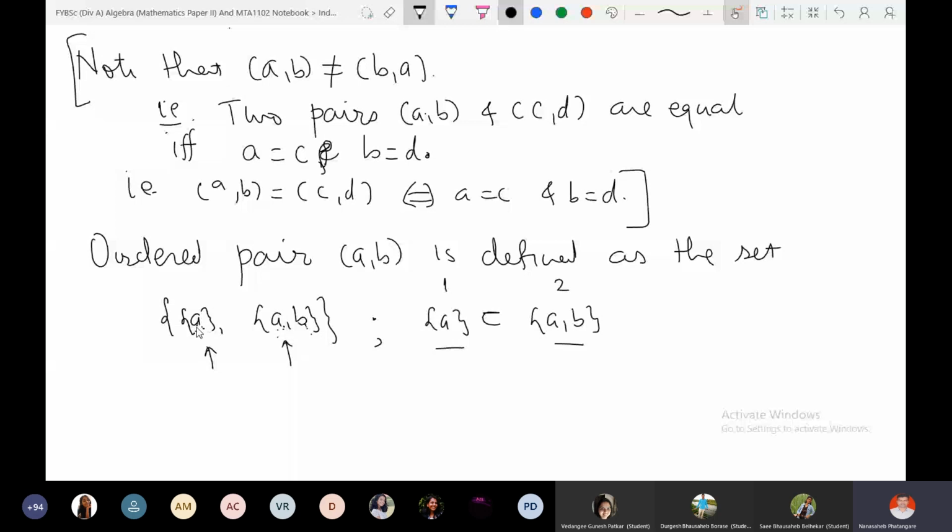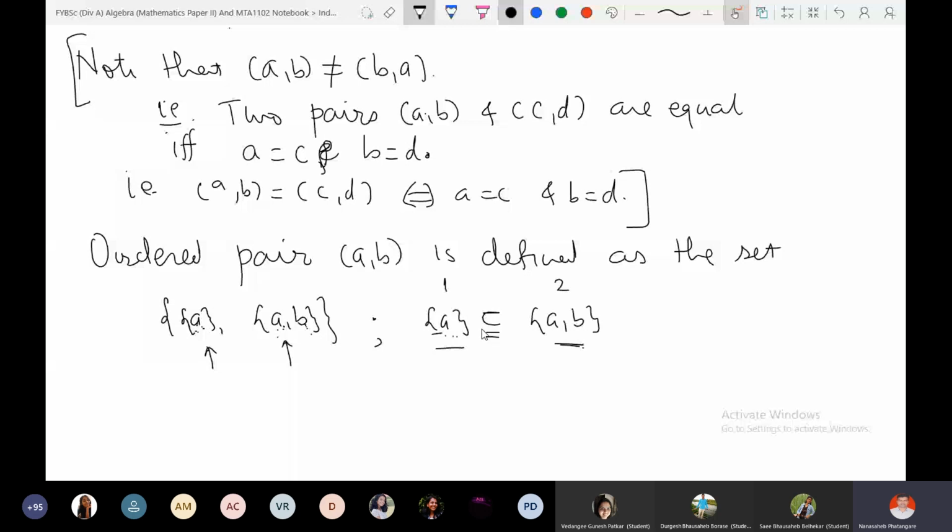That means how to define which is the first component and which is the second component. If this set is a subset of this set, then this is the first component and this is the second component. So we define a particular kind of order here, which is smaller or larger, so that's why it is called order. But at this moment, you may find it difficult to understand.